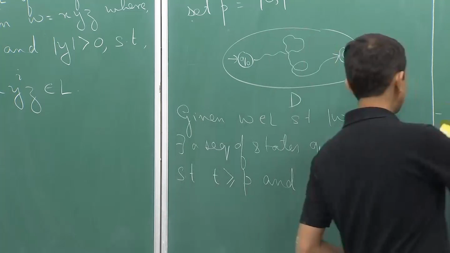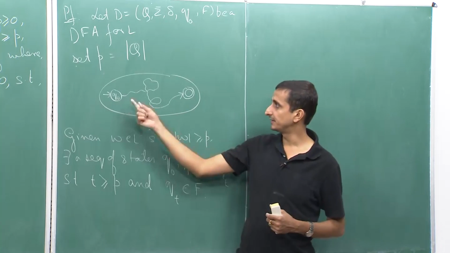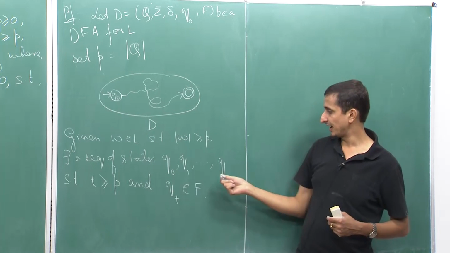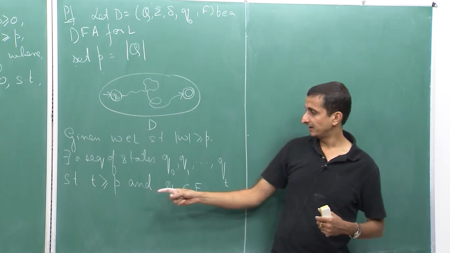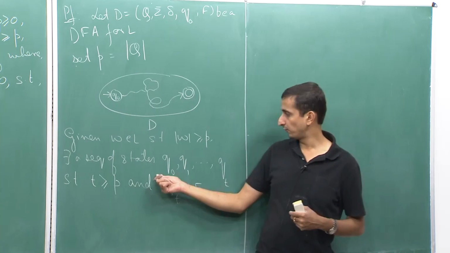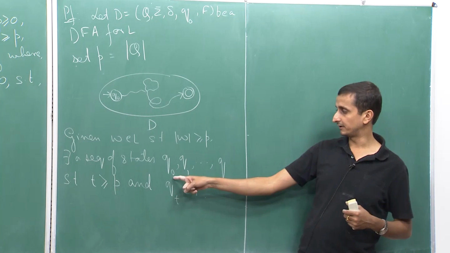Now, by the pigeonhole principle, what can we say? How many states does the DFA have? The DFA has p states, and we have a number t that is greater than or equal to p. In this sequence there are t plus 1 states because I start at 0.